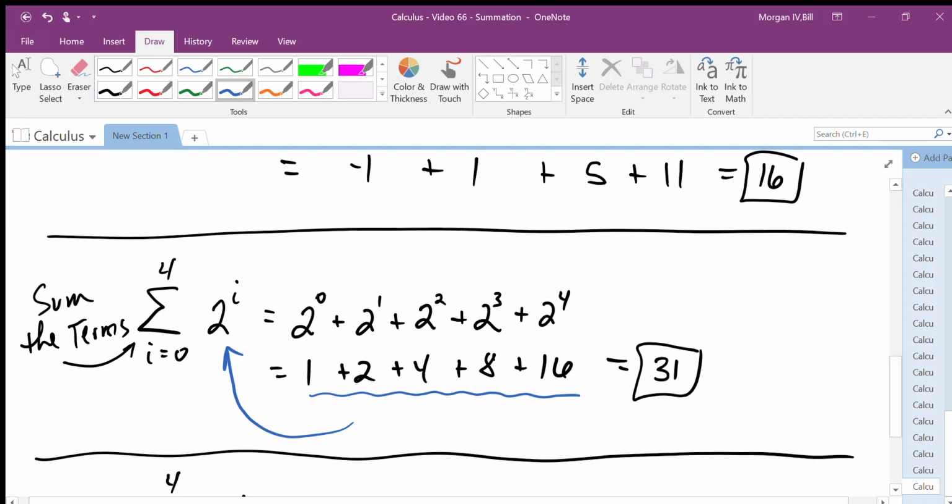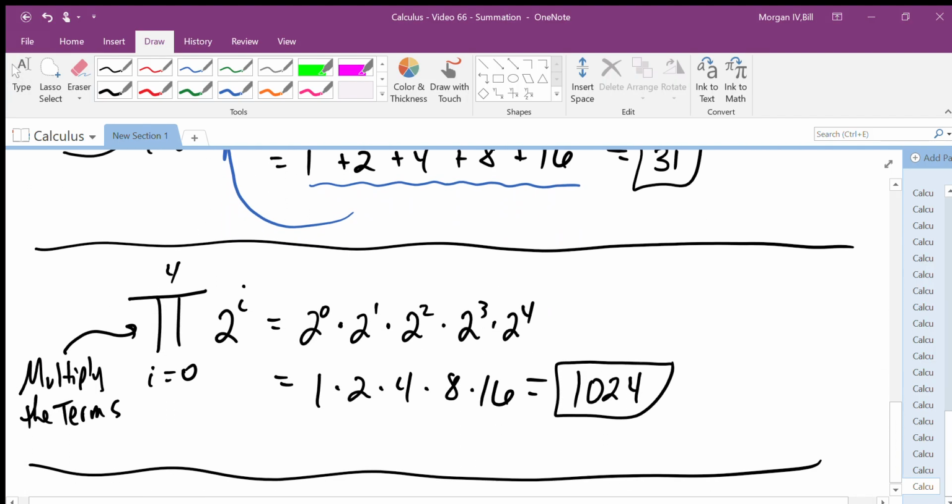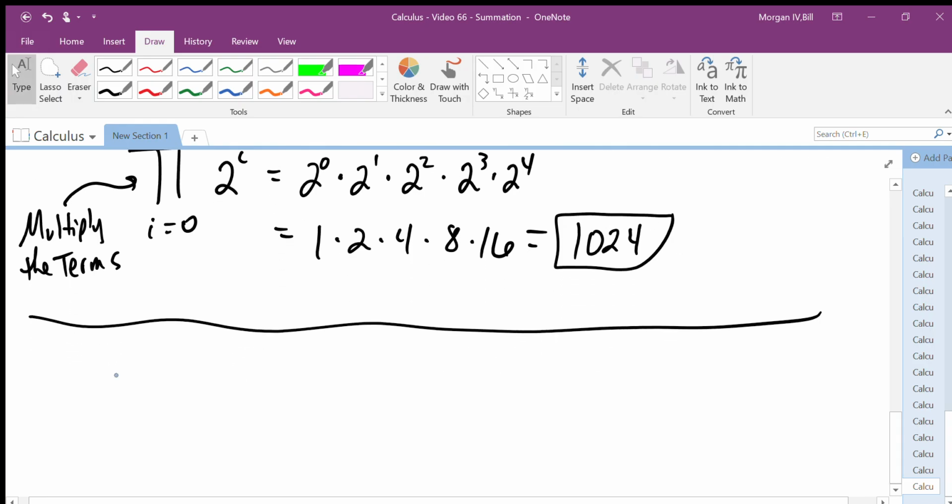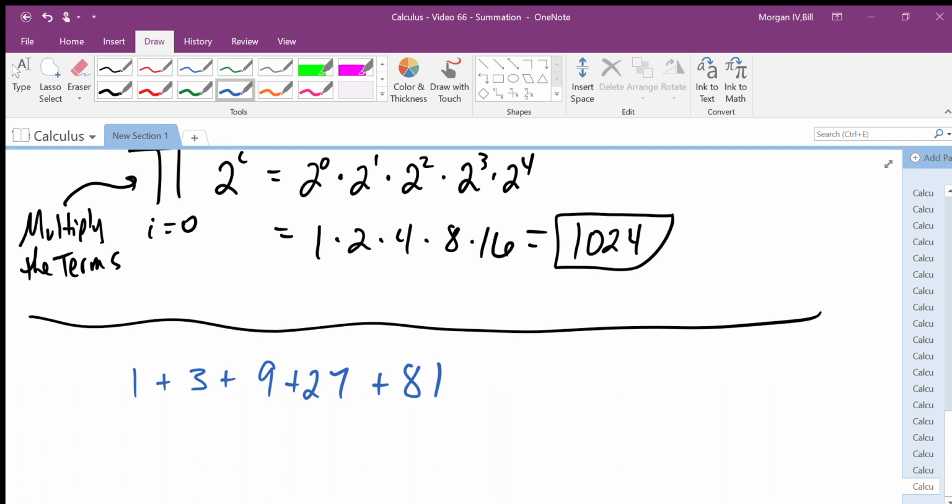I want you to go backwards. So let's try it this way: 1 plus 3 plus 9 plus 27 plus 81. How could I write this in sigma or summation notation? Pause the video, see if you can work it out on your own.